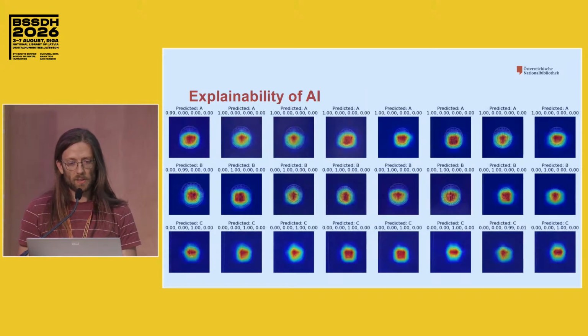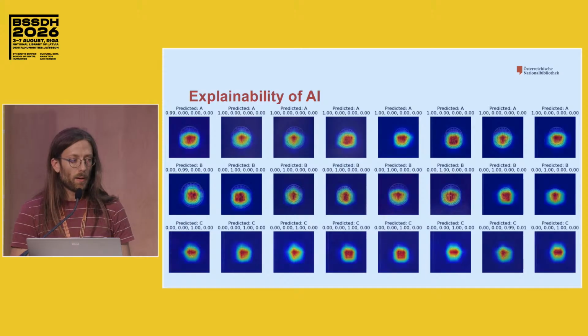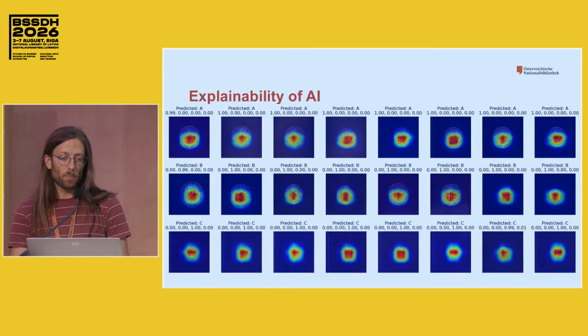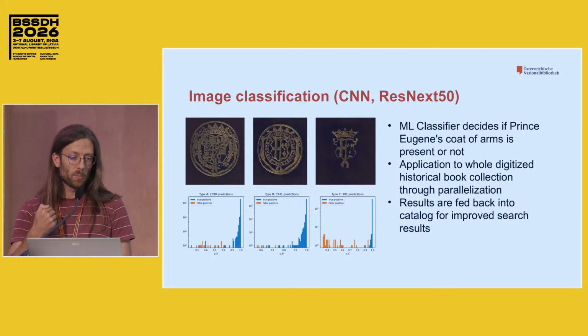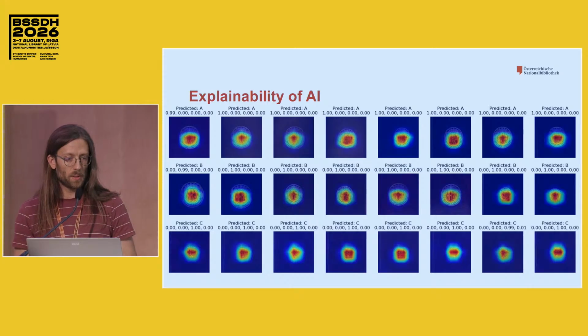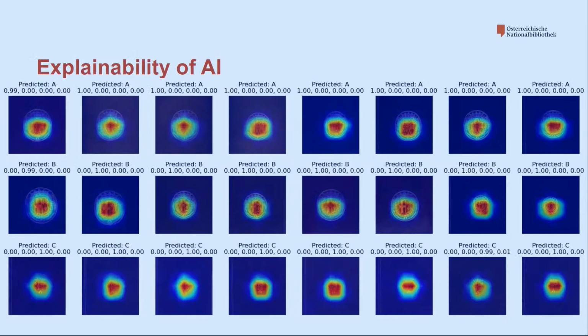Oh yeah, and for us it was also a point to think about how to explain these results, because right now it looks like a black box, right? So you give the machine the image and the machine gives you back, this is A, B, or C, or not Prince Eugene. And on this slide we tried some algorithm that explains what the AI does, or where the AI looks to make its prediction.